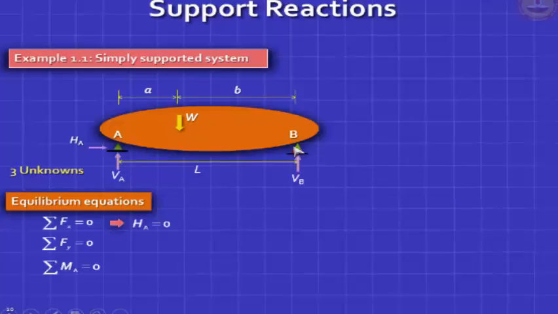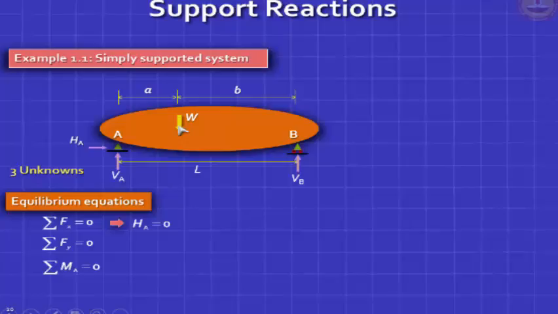Now, let me shift the load W exactly to the middle of AB. How much of W will go here? How much of W will go there? Half and half. Common sense. Intuition. You don't need equations, you don't need calculation. What happens if you shift W all the way to the end B? The entire load will go to the support reaction B. Nothing will come there.